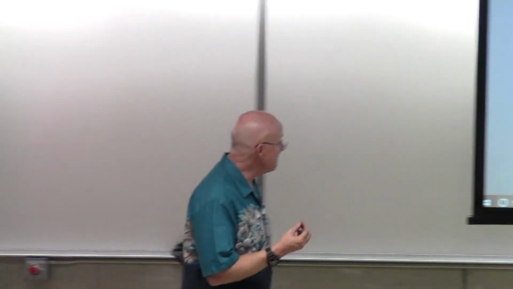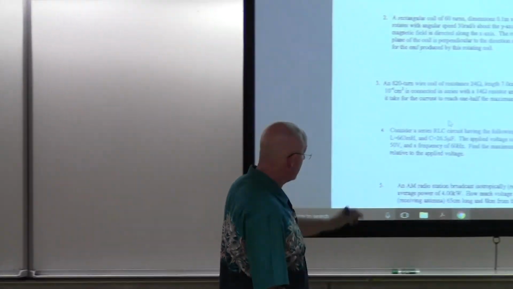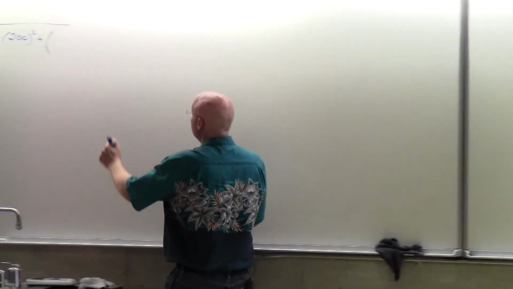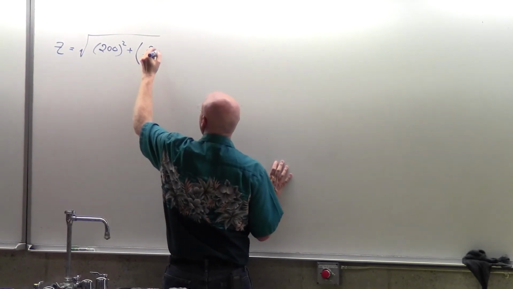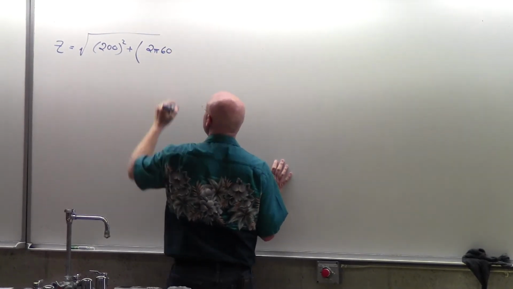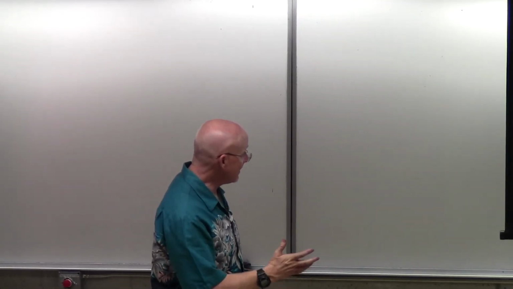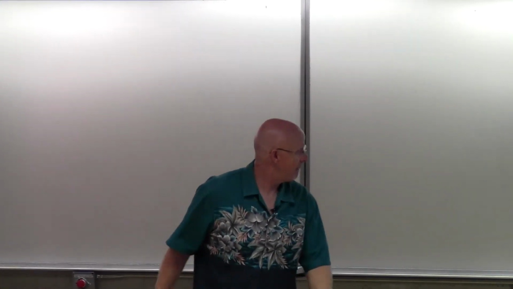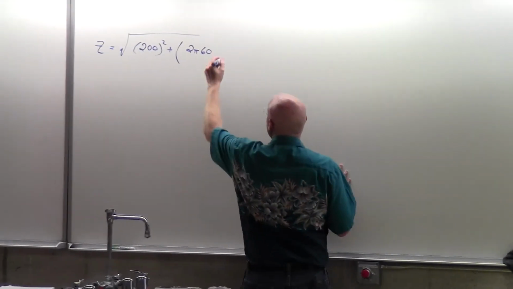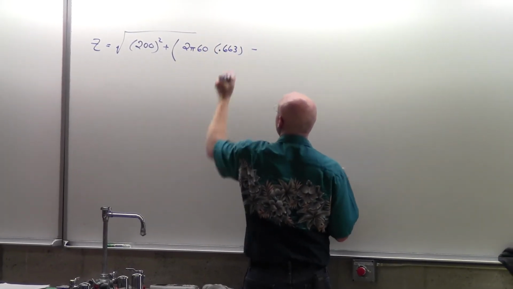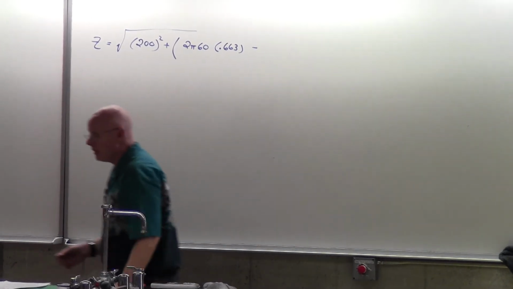Well, that's the omega L. They gave me a frequency of 60, so this would be 2 pi times 60. That's the omega. And then the L is 0.663.